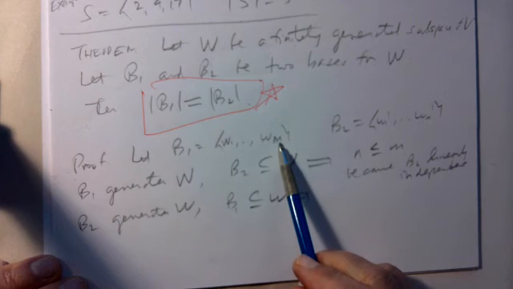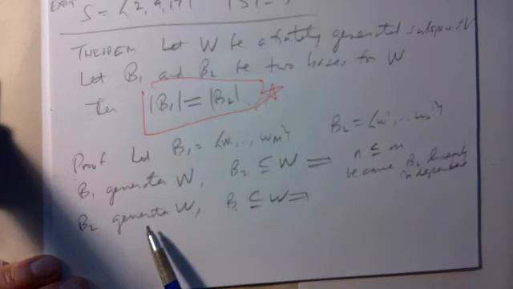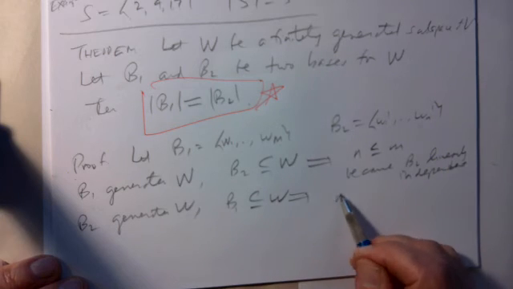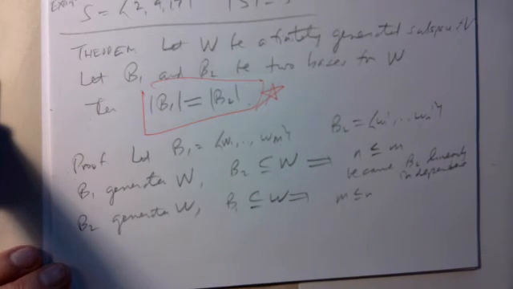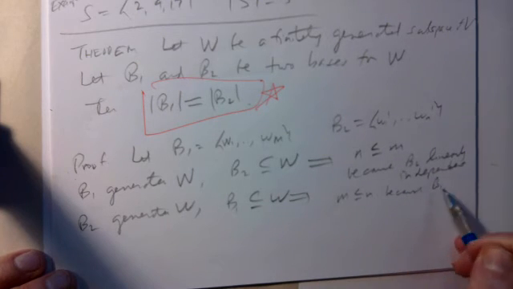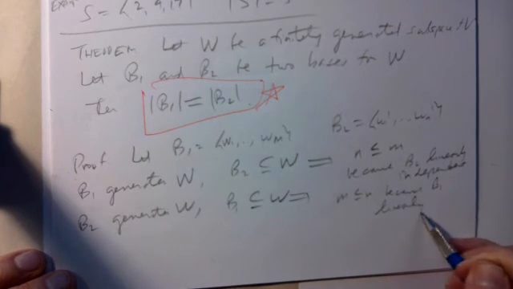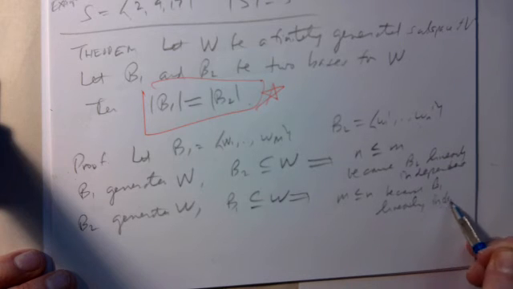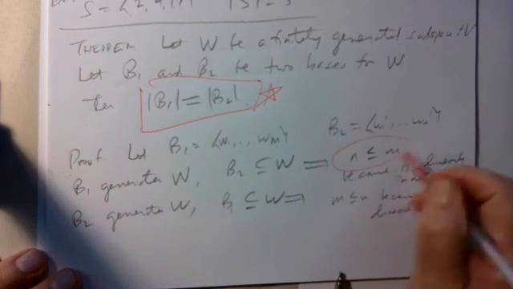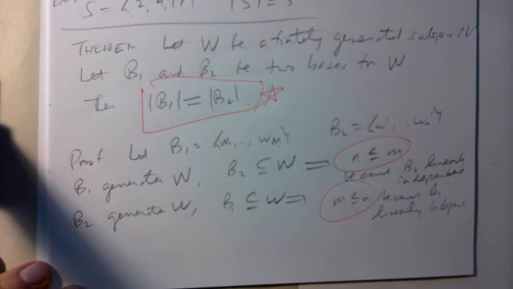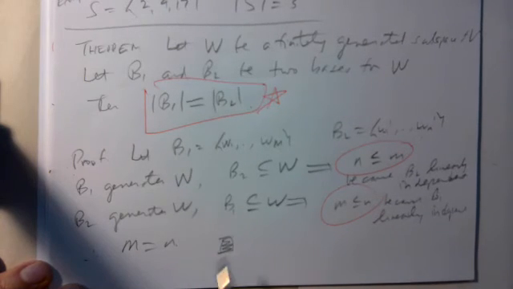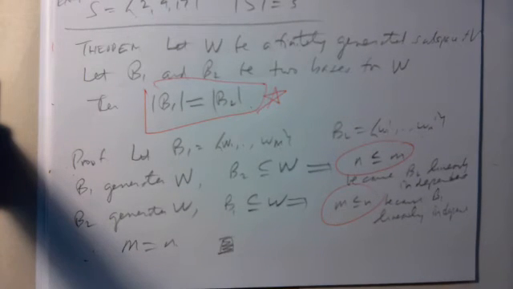So I have M vectors linearly independent in a space generated by N vectors. So M is less than or equal to N. And from these 2 inequalities, N less than or equal to M, M less than or equal to N, M equals N. That's what we had to prove. M equals N.